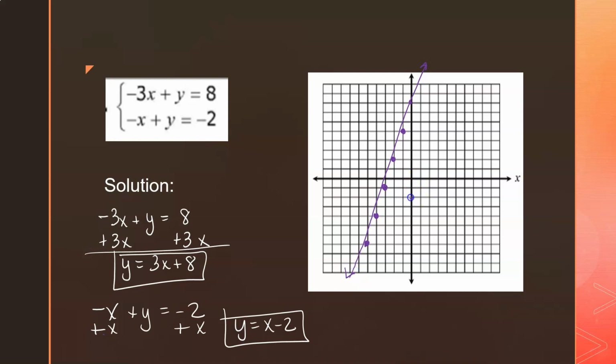Now I'm going to start with -2. Slope is +1. Got a ways to go before you actually meet up here.